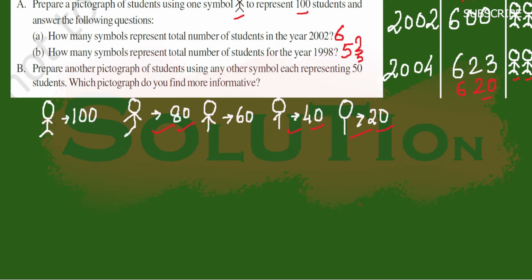So let us do this. Let us take some easy symbol, or any other symbol, whatever you want. There are lots of symbols that you can take. So I am taking a symbol of a flower, very easy to draw.